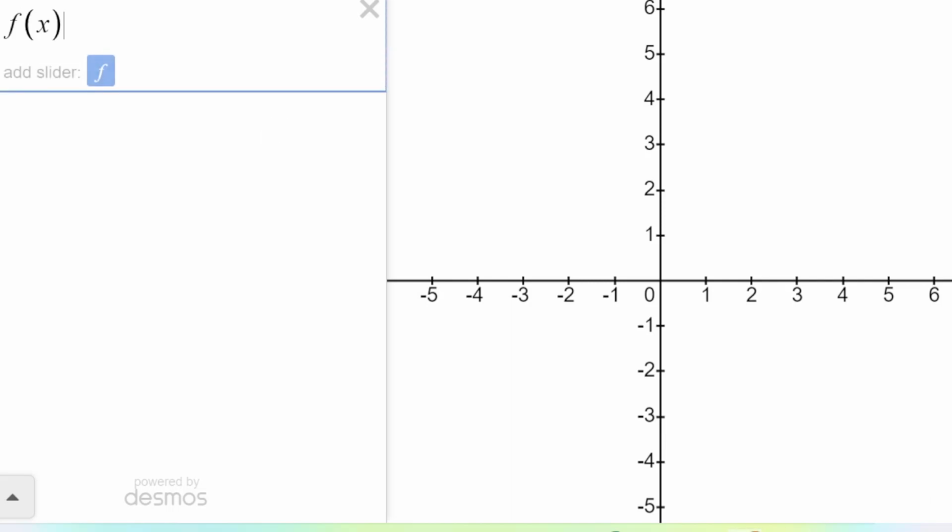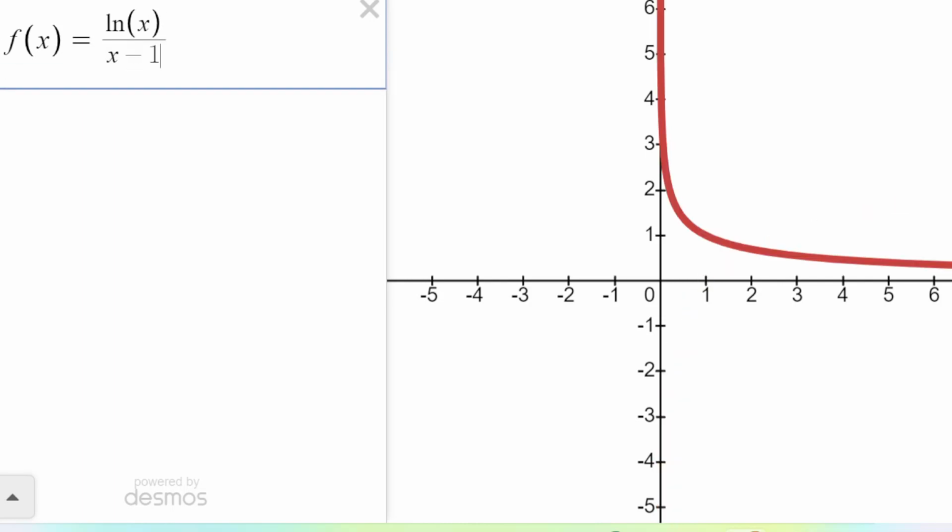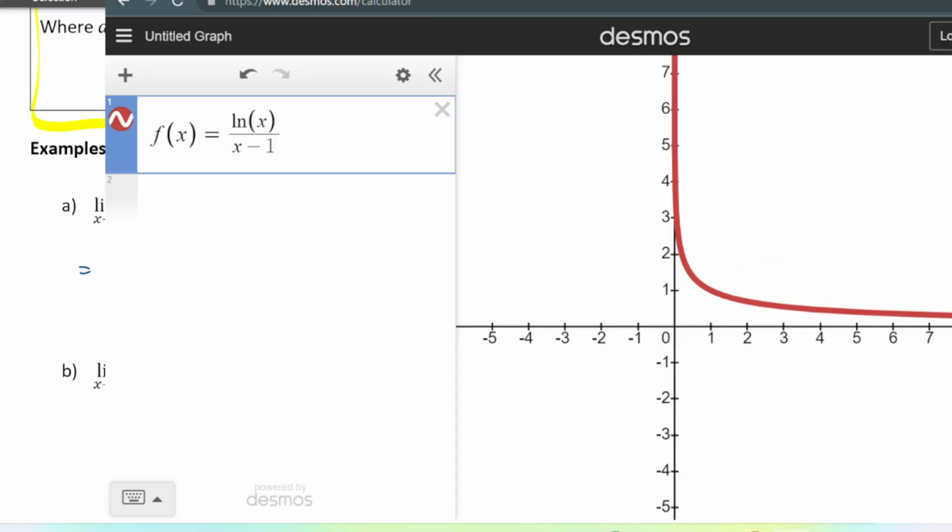Okay, so f of x equals ln x over x minus 1. When I hover my cursor over the point (1, 1), you can see there's a hole in the graph where the function's actually undefined, because you can't evaluate the function at that point, but the limit from the left and the right is 1. So we have a hole in the graph there. Okay, let's go back to my notes.